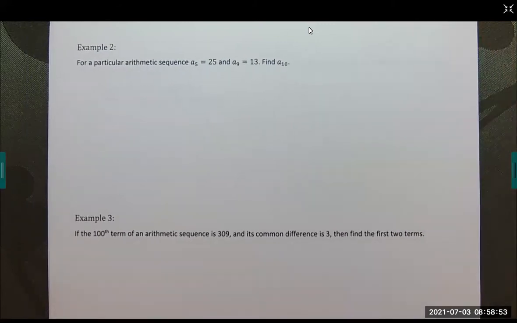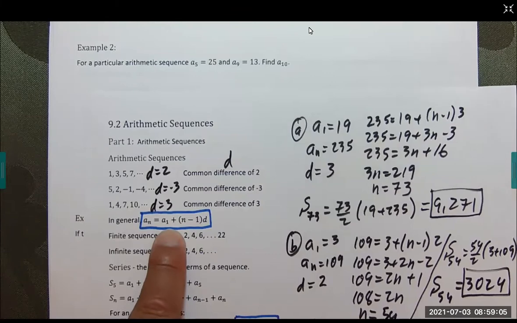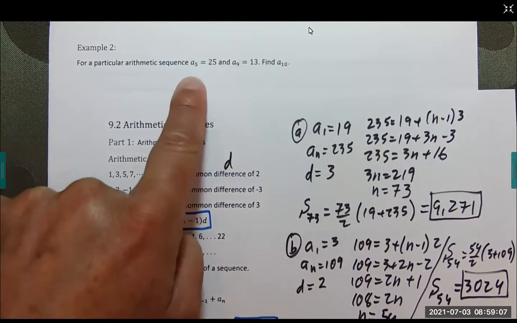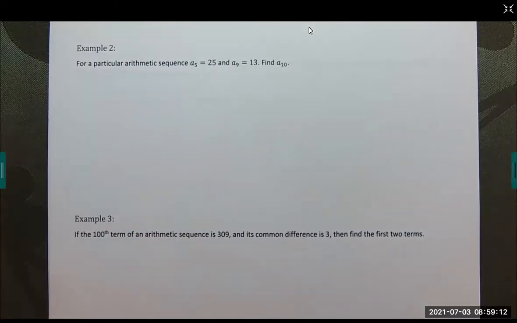All right, so we are at example 2. For a particular arithmetic sequence, a sub 5 is 25, a sub 9 is 13. So we are going to continue to use this formula here. In this case, n is 5. In this case, n is 9. So we're going to have to dig some stuff out here.